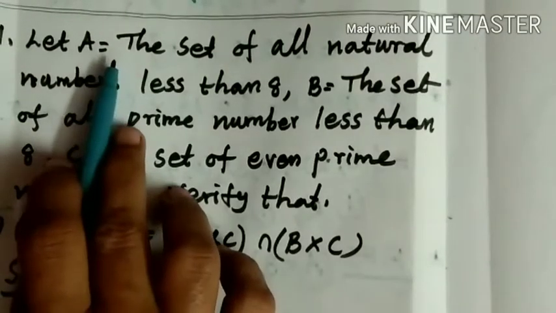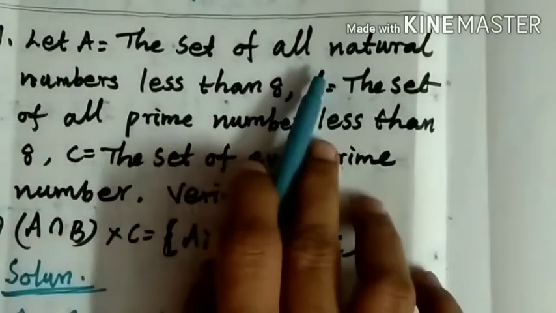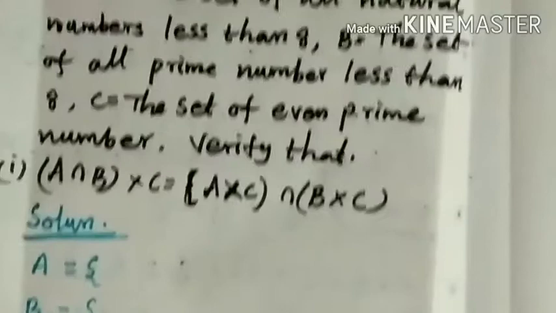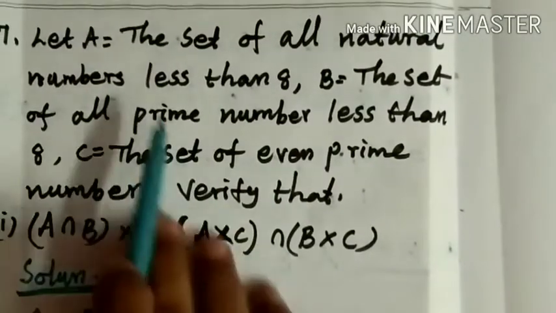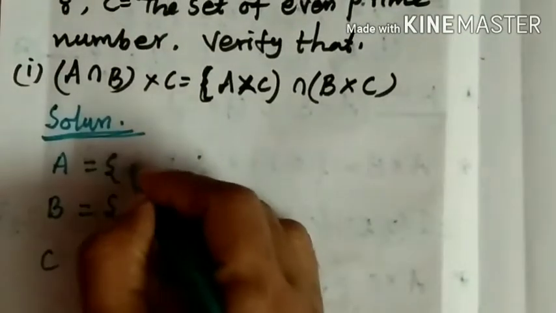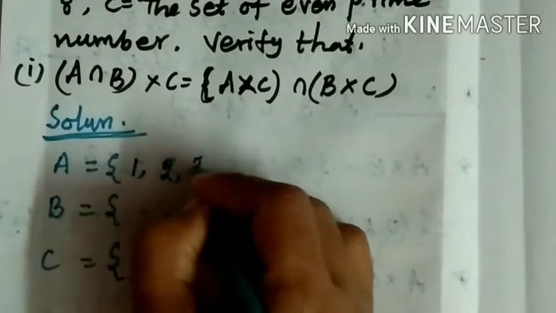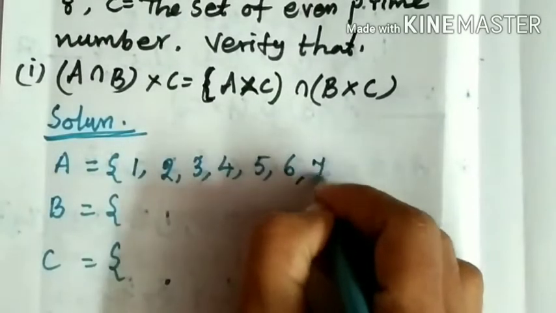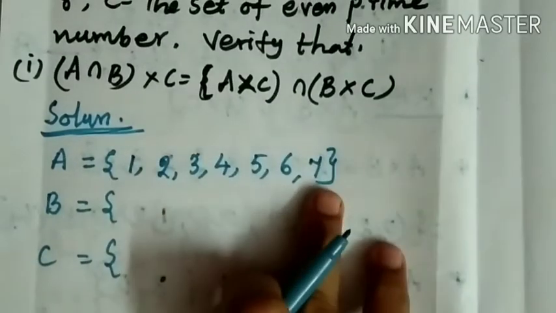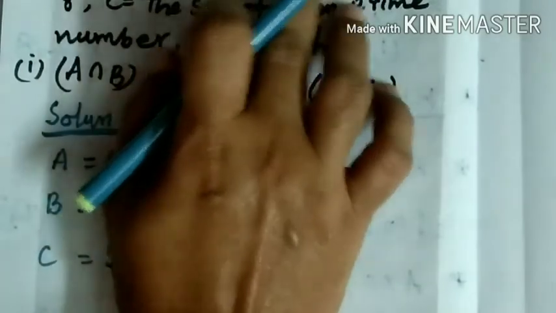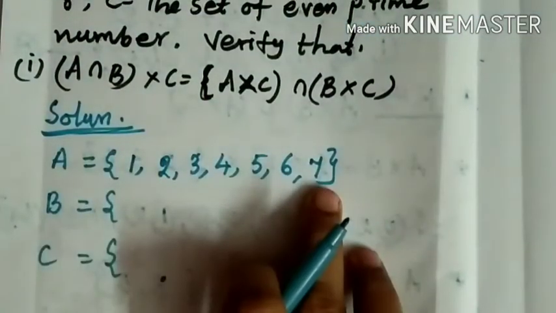See the first set, A equal to the set of all natural numbers less than 8. That means natural numbers start from 1 to less than 8. That is 1, 2, 3, 4, 5, 6, 7. Don't write 8 because in the question less than 8 is given. So you write up to 7.